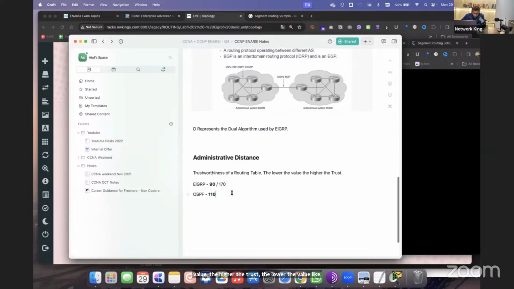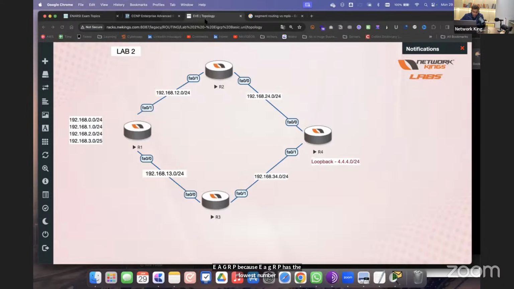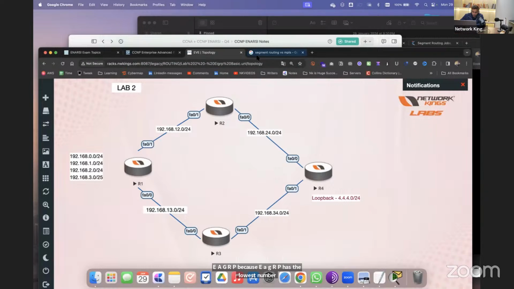Like if you talk about RIP, 120. So tell me, if you configure OSPF also, RIP also, which protocol will be active in the routers by default? EIGRP, because EIGRP has the lowest number. Okay, so AD values are the trustworthiness of a routing table.